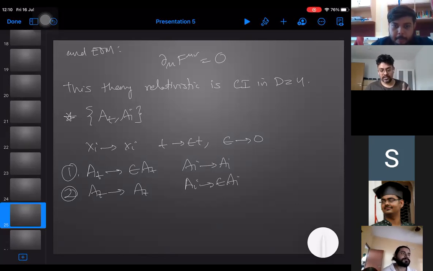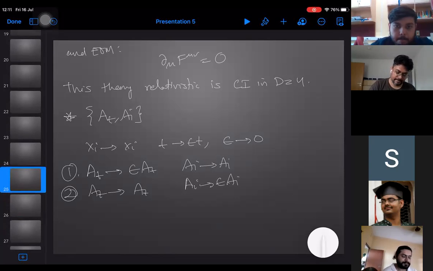So before you had only one case. Now in the Carrollian case, you have two of them, and that is because of the indices which you had before. Thus, the metric becomes degenerate. Now these become two separate kinds of fields. So that's why in this case you have two kinds of limits on the fields.